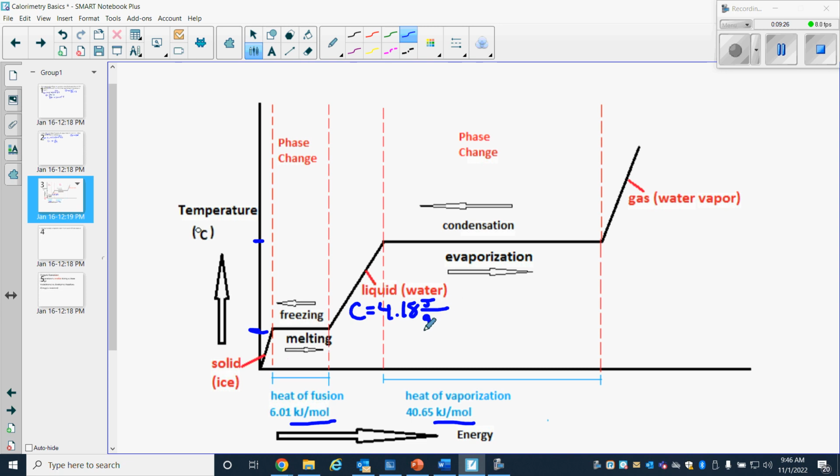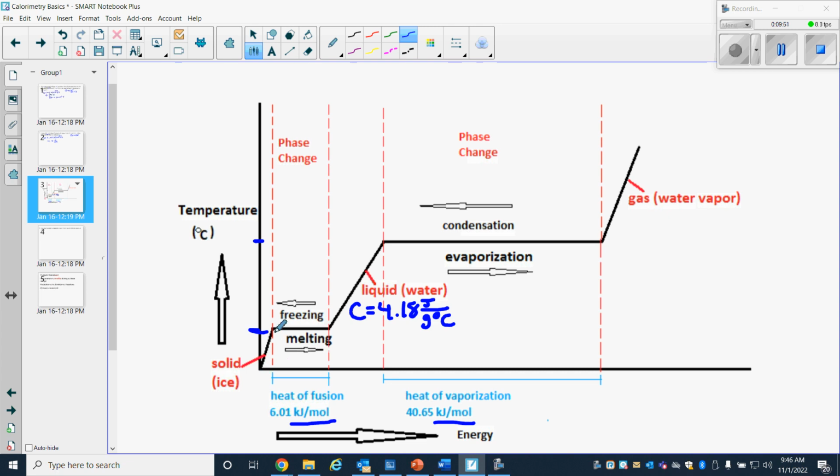That's the only one that may not be given to you, but all the others will be. So you will be using values that are given appropriately within the context of the question. Typically we're going to be doing these with water, but you may be asked to do this with another substance like ethanol or something, but you would be given all the values.